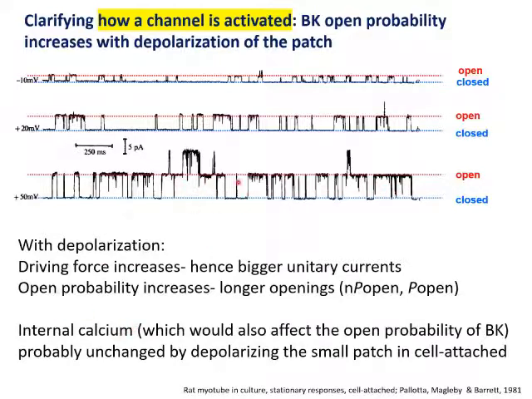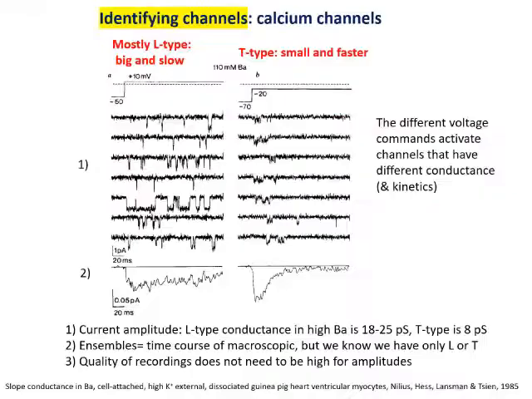In these conditions, where we depolarize a patch, it's very unlikely that the internal calcium is affected by the depolarization in such a small patch. So this establishes that the open probability of the BK channel increases with the depolarization of the patch.